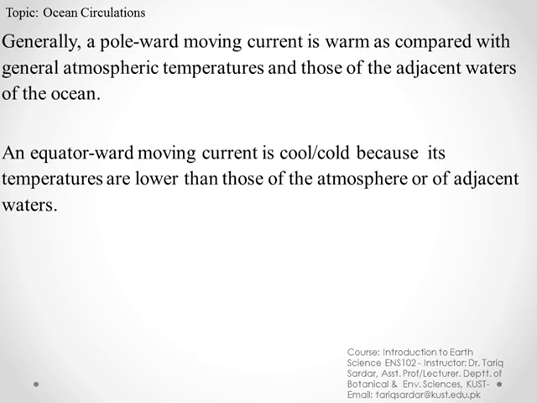If we go from the equatorial areas, the waters and oceans near the tropical areas are mostly warm, because, as we already know, the sun's rays fall on them vertically most of the time. So when these waters move towards the poles, the currents are mostly warm.